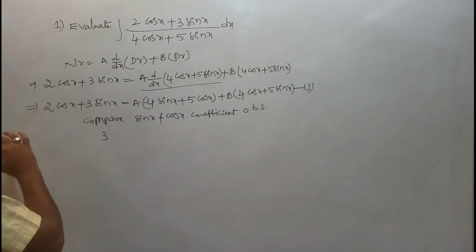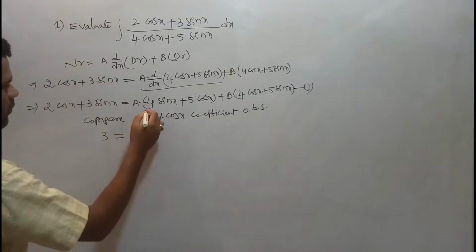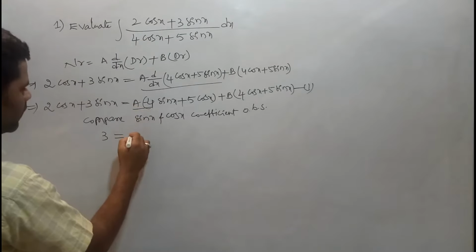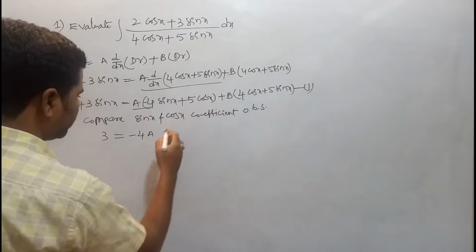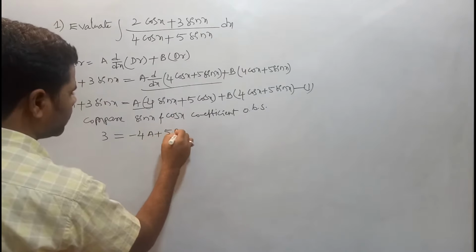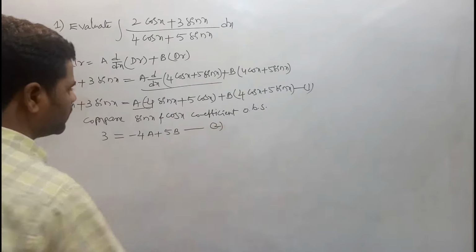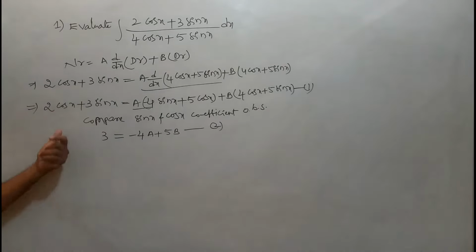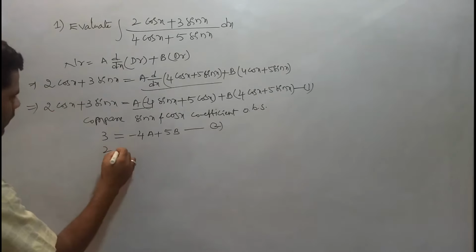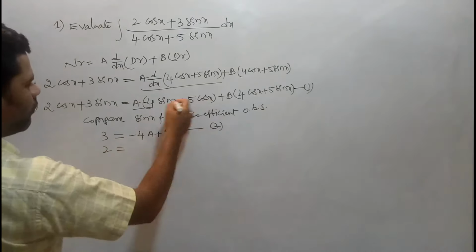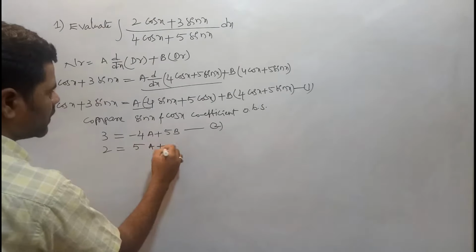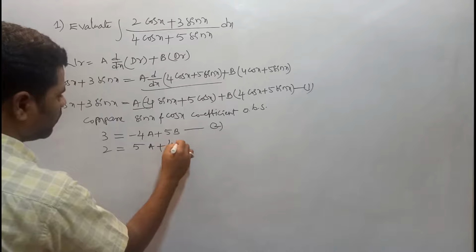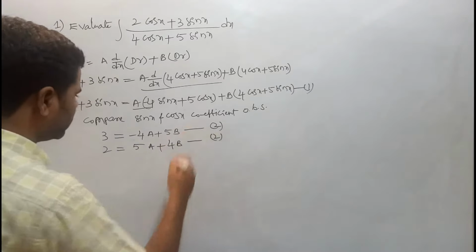Sin coefficient: 3 is equal to minus 4a plus 5b. This is equation number 1. Now cos coefficient: 2 is equal to 5a plus 4b. This is equation number 2.